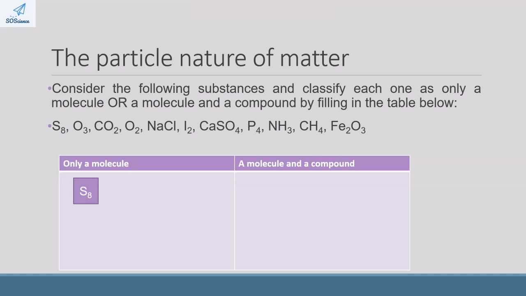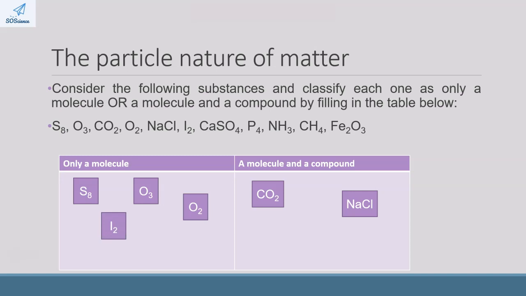O3 is made up of only one type of atom, therefore it is only a molecule. CO2 is made up of carbon and oxygen, so it is both a molecule and a compound. O2 is only a molecule. NaCl is a molecule and a compound. I2 is only a molecule.